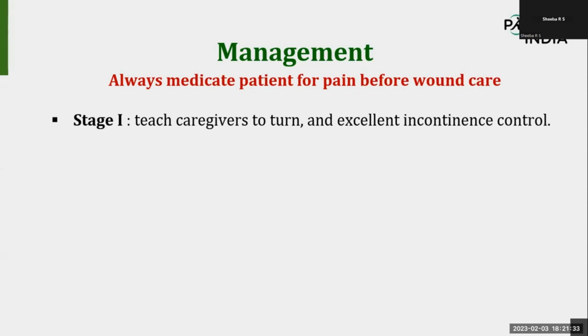If you provide a supine position, what happens? Again, continuous pressure, and the skin will be damaged. So you have to tell the caregiver about the turning techniques and also excellent incontinence control. Moisture control is also necessary.